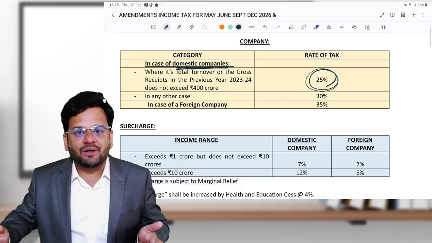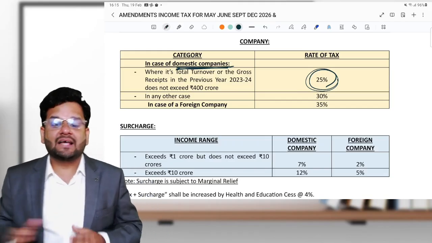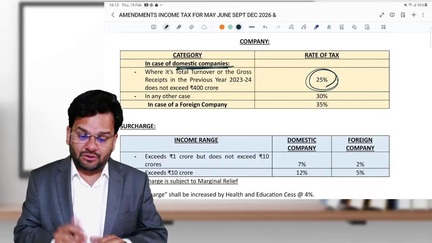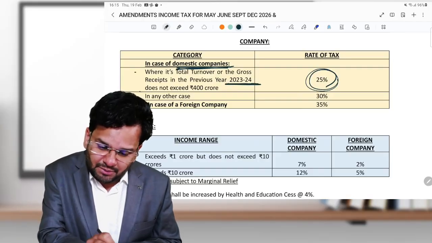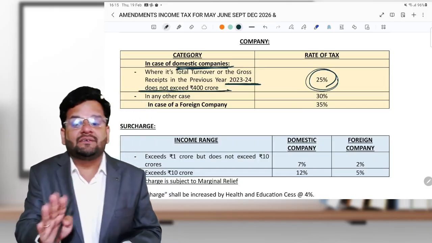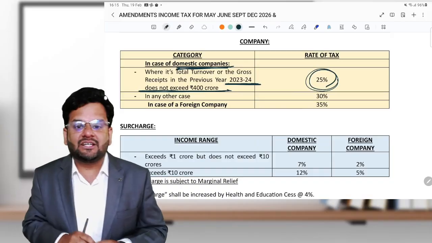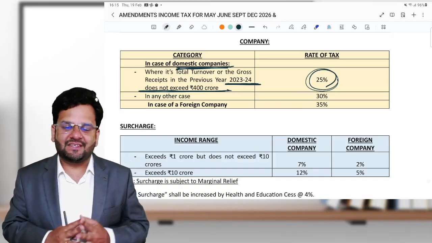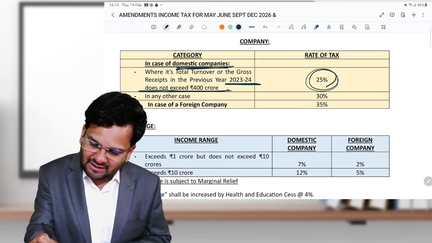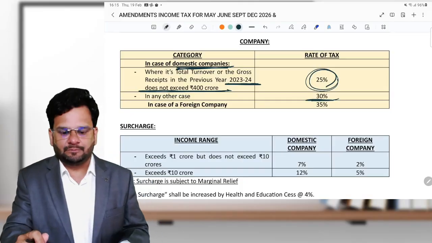So last year is 24-25 and last to last year is 23-24. So if in 23-24 the turnover of the company is not exceeding 400 crores, then the rate of tax is 25%. Friends, if it is exceeding 400 crores, then tax is at 30%.